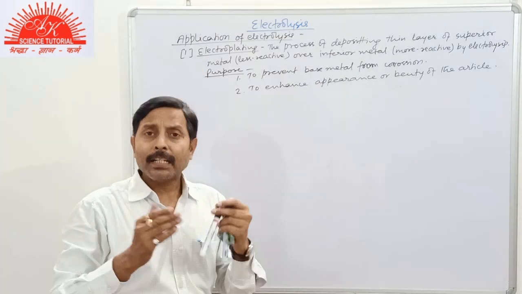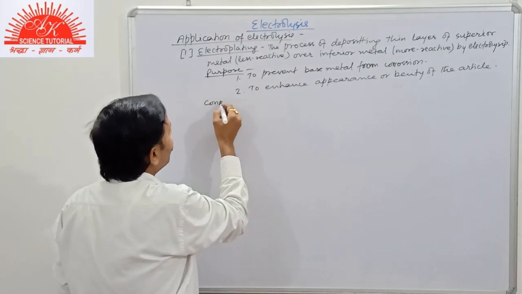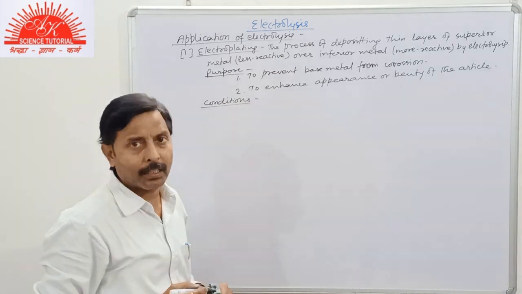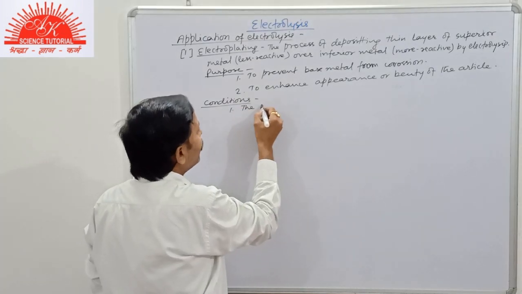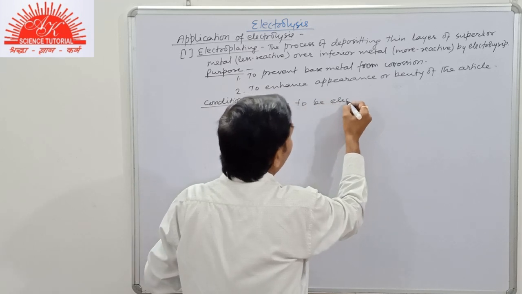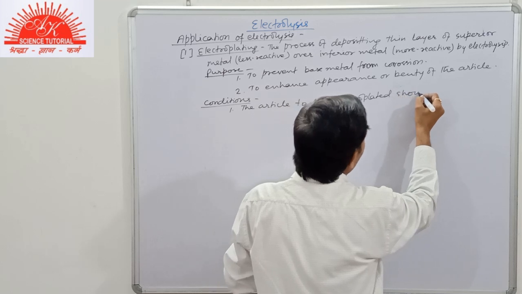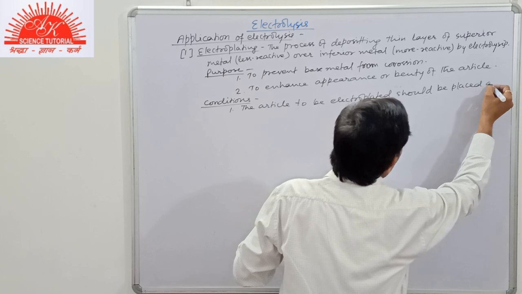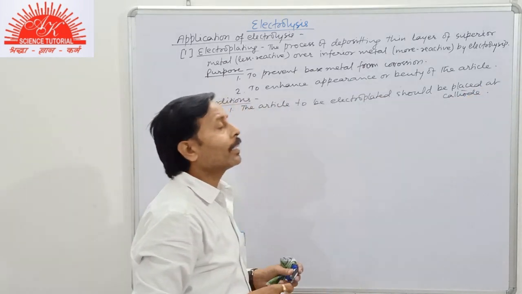Now, in order to arrange the setup for electroplating, we must know some conditions required for electroplating. How will you arrange the setup? The first important thing, the article to be electroplated should be placed at cathode, because the metal is discharged at cathode.